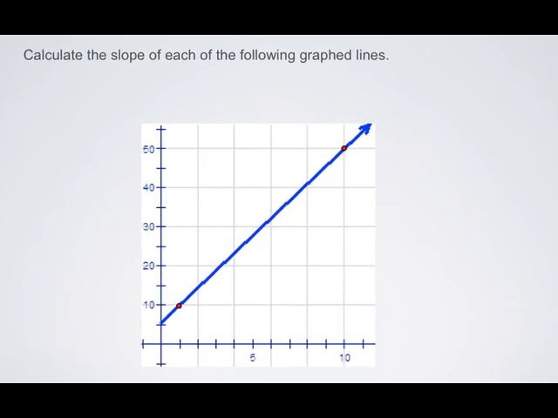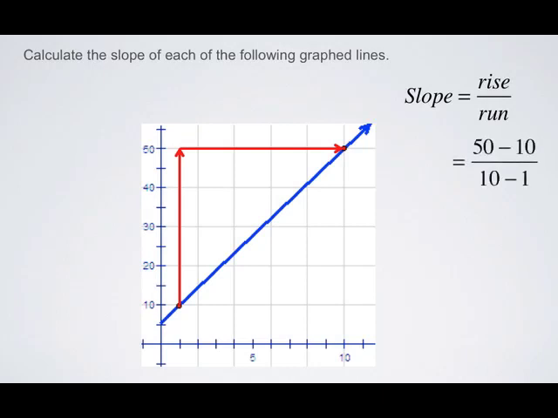Calculate the slope of each of the following graphed lines. Here we have a graphed line with 2 points. We have a rise and a run. And since our points fall naturally upon easily indicated spots along the axes, we can actually calculate this using our slope equal to rise over run formula.